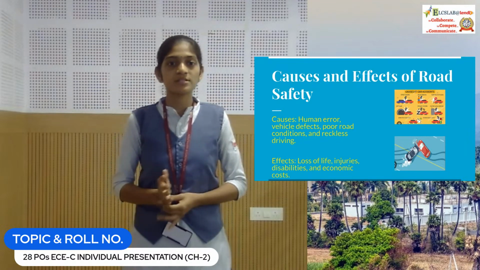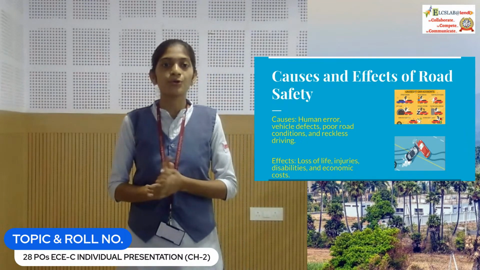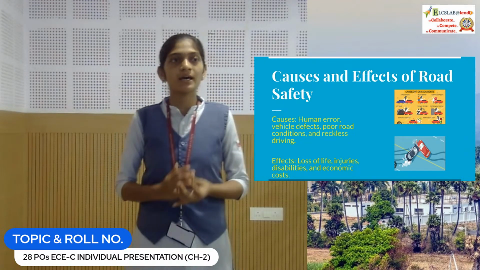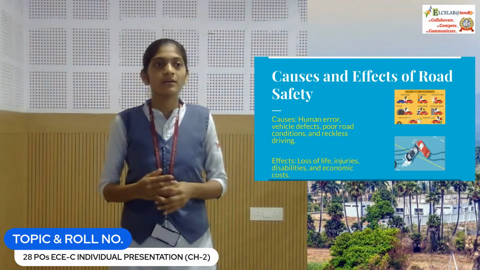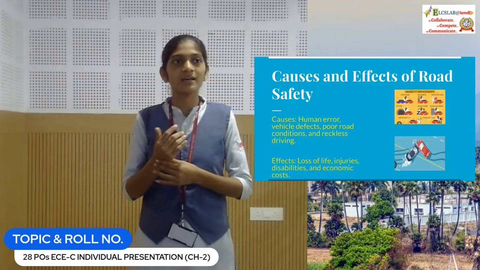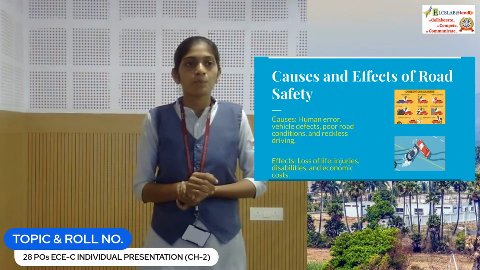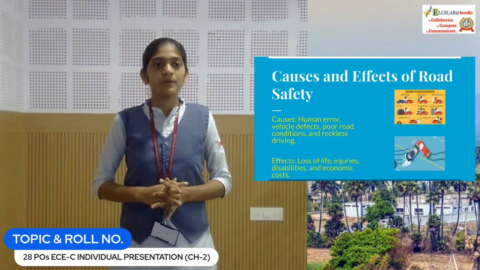Causes and effects of road safety. Causes: human errors, vehicle defects, poor road conditions, and reckless driving. Nowadays, many people make mistakes by driving fast. While driving, persons are speaking on mobiles.